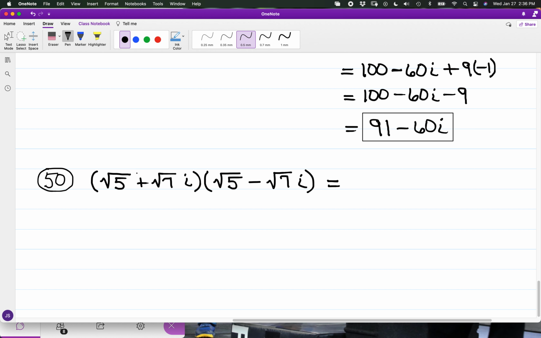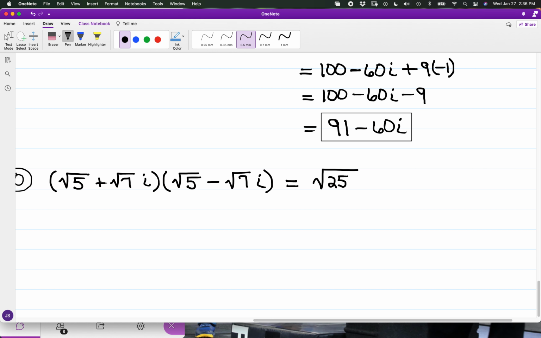If I take the FOIL, the square root of 5 times itself would go to 5, but I'm just going to put this in radical terms at the moment, so I have the square root of 25. Then for the outside product, positive times the negative is a negative, the square root of 35 times i.